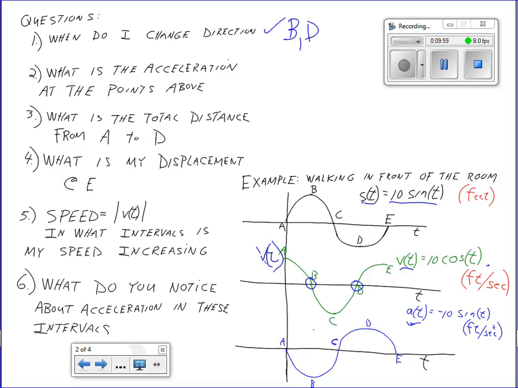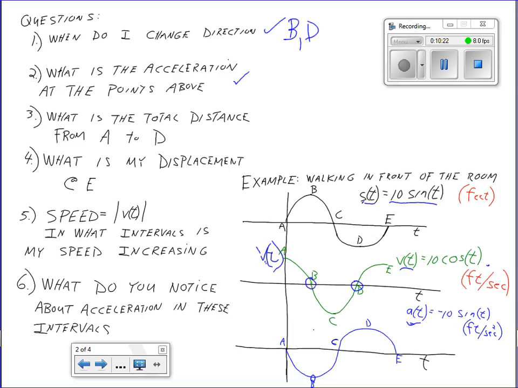Okay, what is the acceleration at the points above? What is my acceleration as I change direction? You'll see here, acceleration at point B is at a maximum in the negative, so I've got a maximum force.